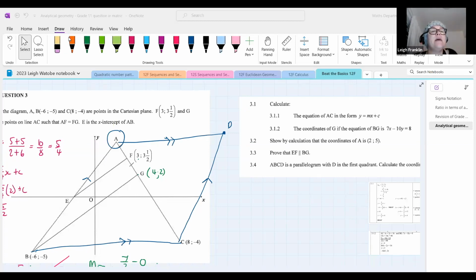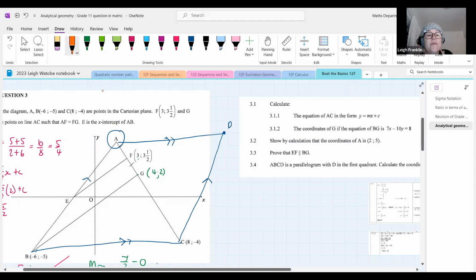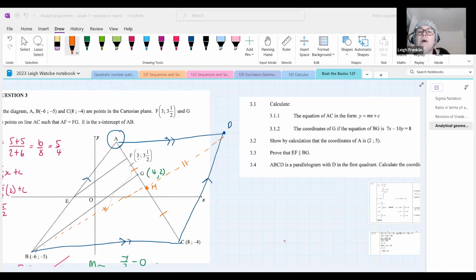So the coordinates at the midpoint of AC, wherever that is, let's call it M, that would be the same as that over there, because the diagonals of a parallelogram bisect each other. Okay, so that would be one way to do it. Right. Unfortunately, what's happening is that we're now running out of time. I've got to go to the next class. But just maybe, Neliswa, if I'm just finishing off a little bit late, although I've got load shedding starting.